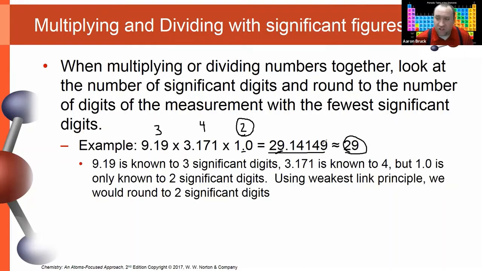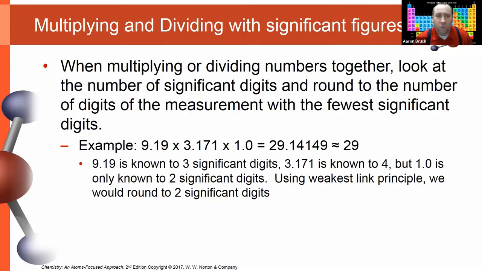But just because your calculator generates them doesn't mean that they're significant. You have to use your brain, you have to use your guidelines to make sure that you are determining which numbers are significant, which ones are estimated, and which ones don't matter. And so in this case, 29 is the correct answer. 9 is the estimated digit. Everything else after that really doesn't matter at all.